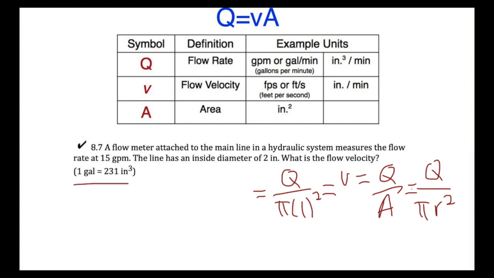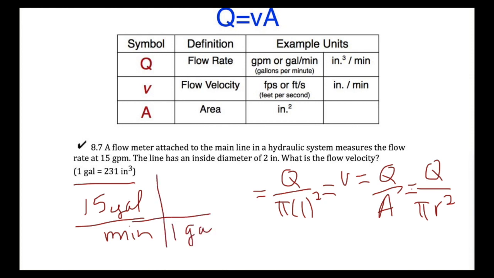So they gave me a conversion factor here. So I'm going to do 15 gallons per minute. And I can do 1 gallon is equal to 231 inches cubed. Gallons will cancel, and I'll be in inches cubed per minute.